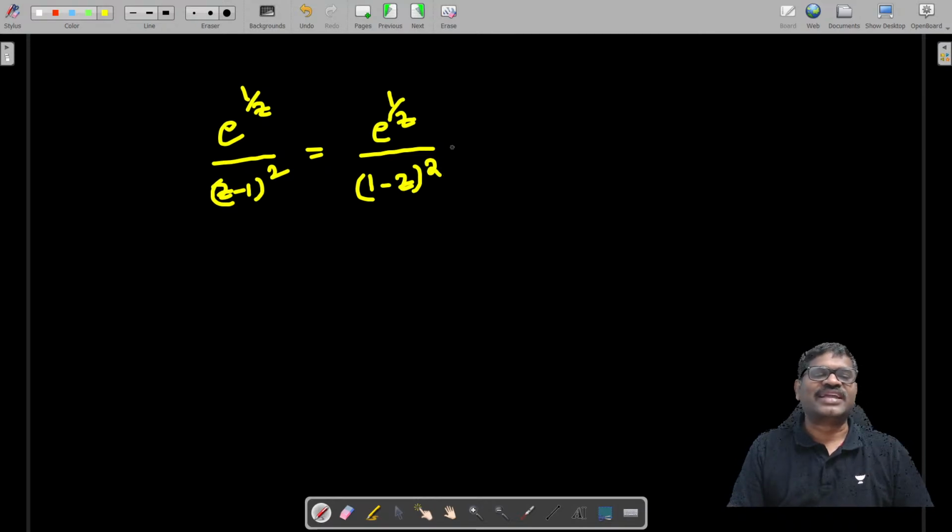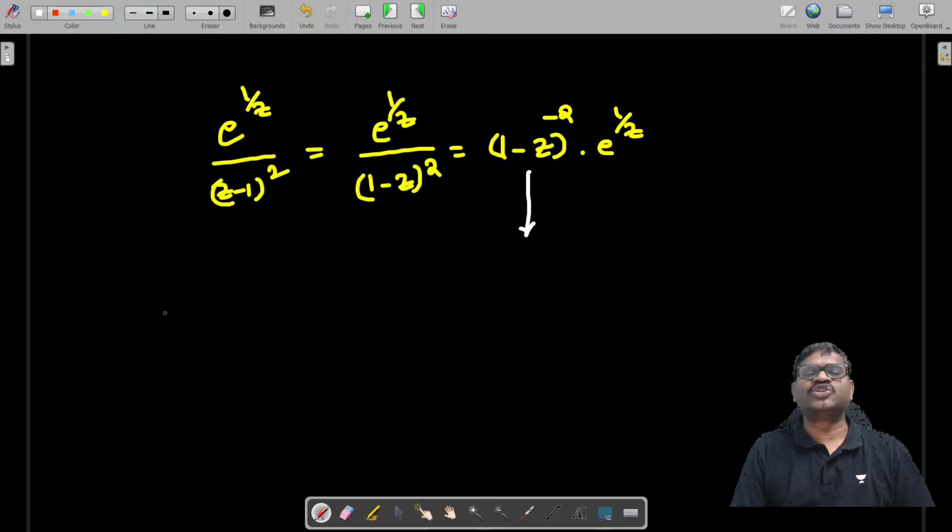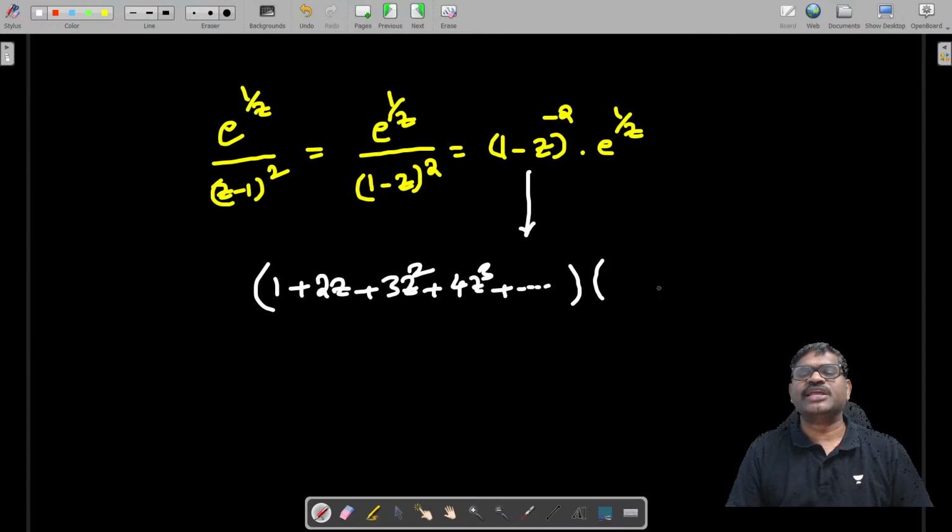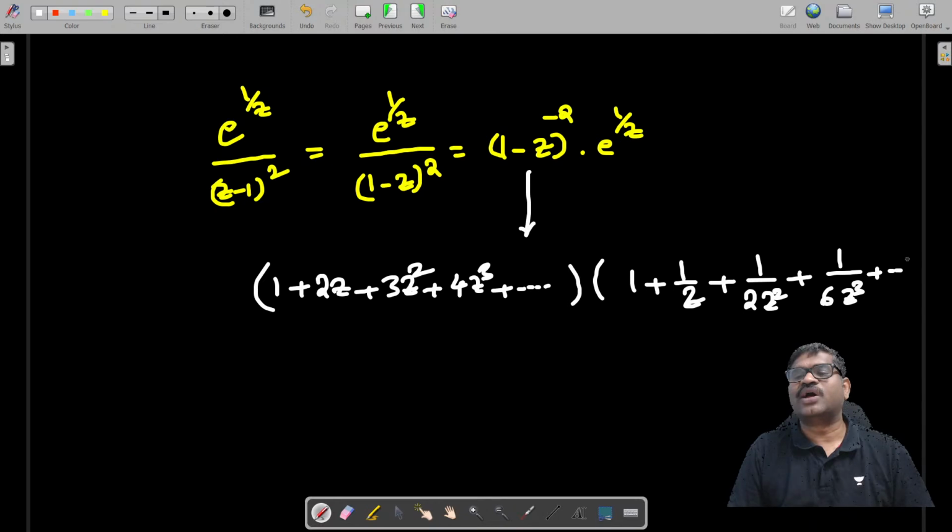That can be written as (1 minus z) whole power minus 2 into e power 1 by z. (1 minus z) whole power minus 2 can be written as 1 plus 2z plus 3z square plus 4z cube and so on. e power 1 by z is 1 plus 1 by z plus 1 by z square by 2 factorial plus 1 by z cube by 3 factorial and so on.